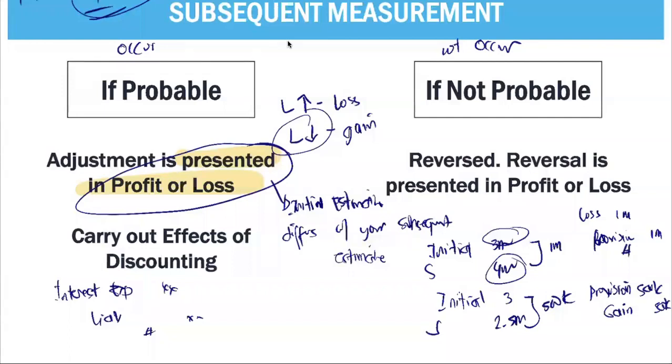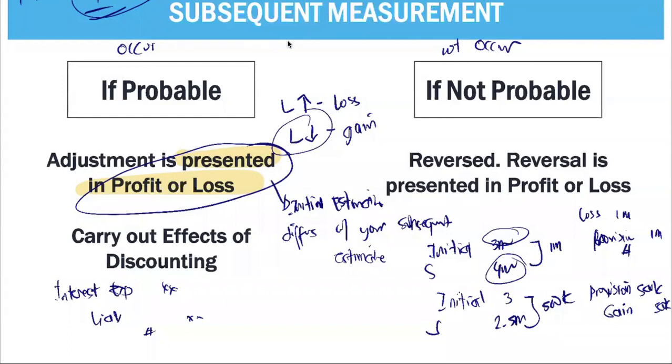But what if it is not probable? If it's not probable, you will reverse it. So how do we reverse it? Whatever is the amount of reversal is presented in profit or loss. Initially, you said it is probable, meaning it will occur. However, subsequently, you knew that it is not probable anymore, meaning it will not occur.